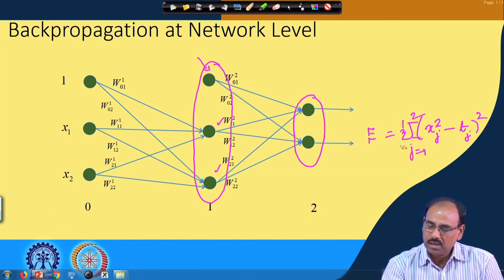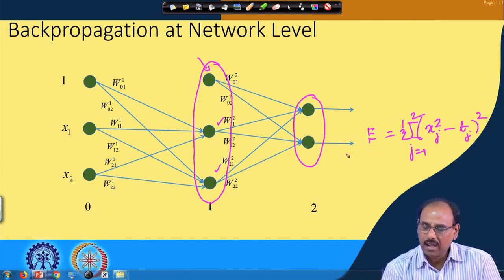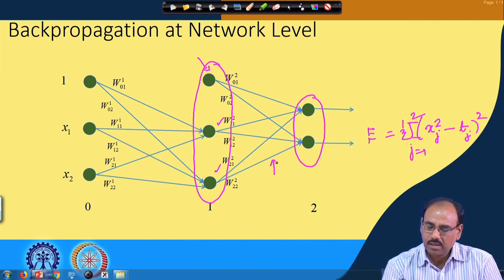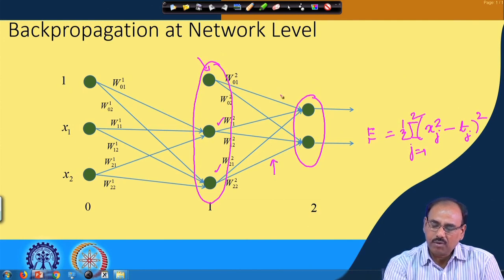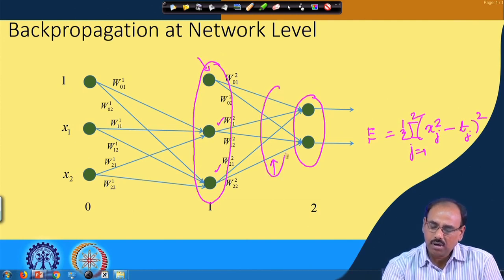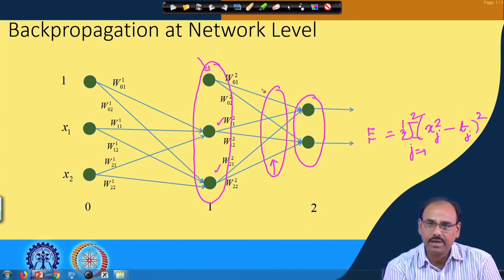That is the sum of squared error that you compute at the output. You take the gradient of this with respect to the weights between the hidden layer and the output layer, and accordingly by the gradient descent algorithm you go on updating the weights from the hidden layer to the output layer.